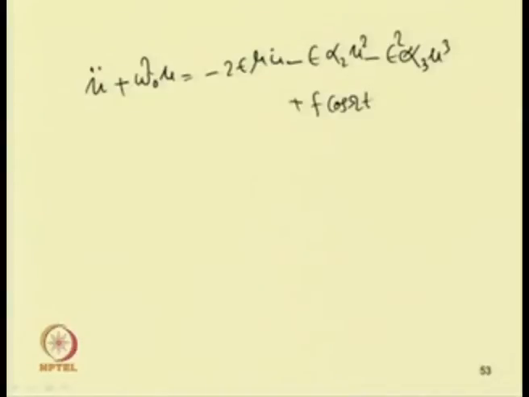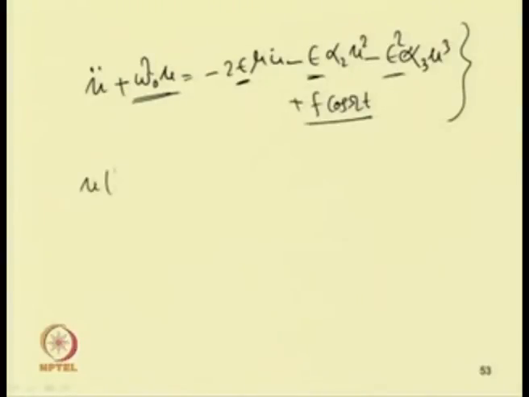So, here we have taken this forcing term of the same order as that of the linear part, and the damping of the order of epsilon, quadratic nonlinearity of the order of epsilon, and cubic nonlinearity of the order of epsilon.